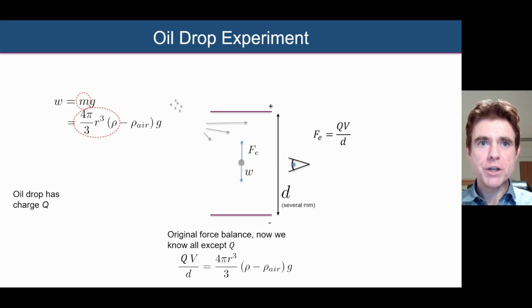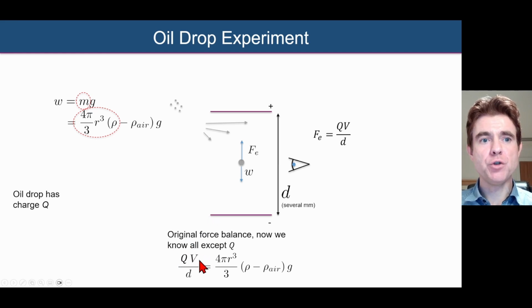Then, if we've got the radius of the oil droplet, we can return back to our previous force balance, where now we have the case of suspending that oil droplet so that it's not moving, where we've got the force upwards due to the electric field, equal and opposite matching the downward gravitational force, the weight.